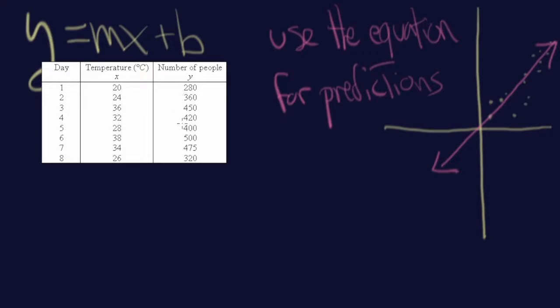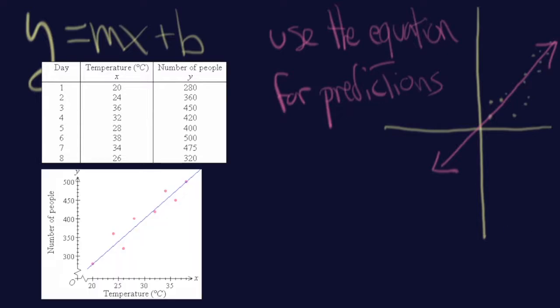Now my question though is what happens when, say, the temperature is, I don't know, 50 degrees? How many people would we expect? Or maybe the opposite. What happens when the temperature is 0 degrees? How many people might we want to go and figure that out? So the first thing you need to go and do is you need to go and graph. And you can use different kinds of programs to go and do this.